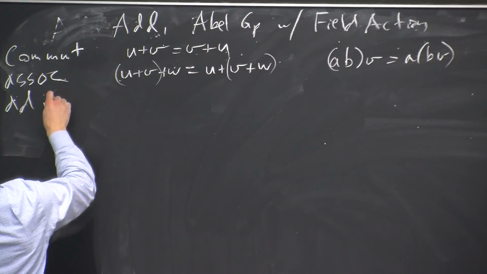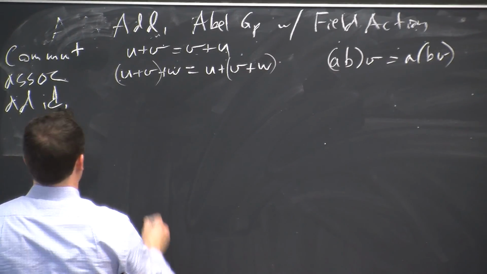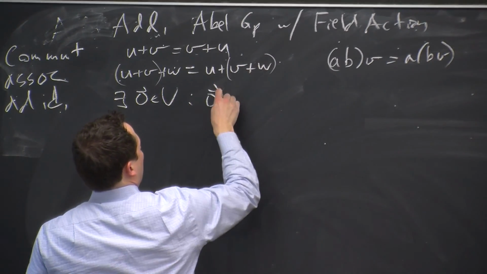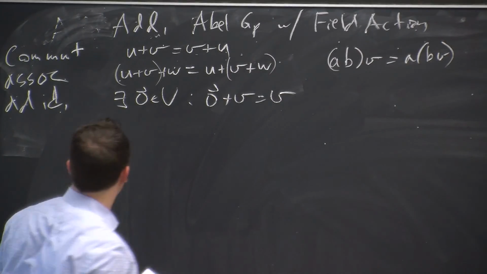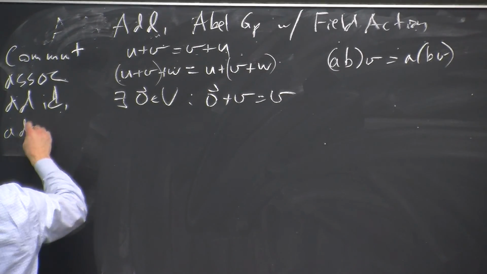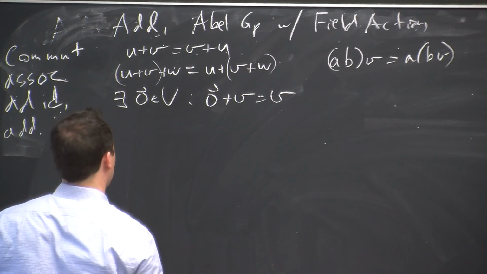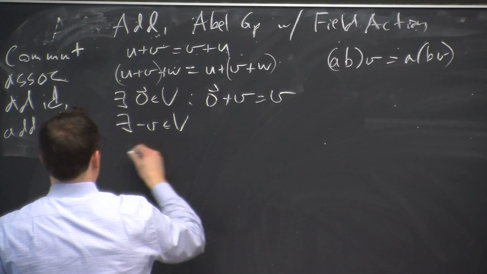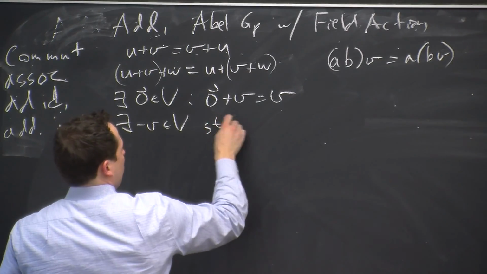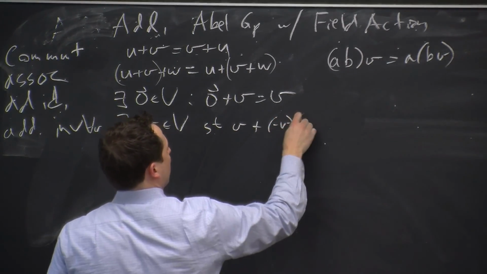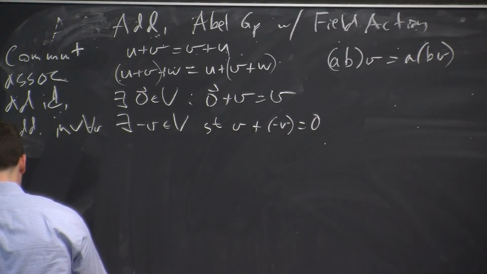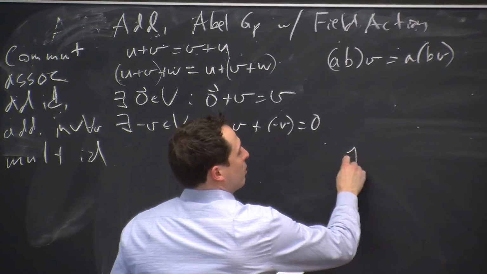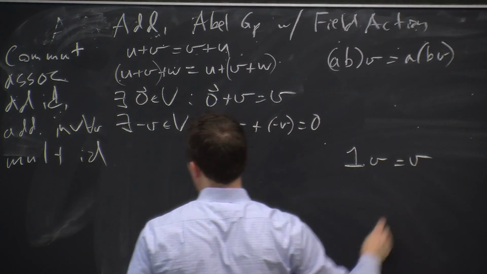There's an additive identity, which is that there exists a 0 in V such that 0 plus v equals v for all v. There's an additive inverse property, which says for all v there exists some negative v in V such that v plus negative v equals 0. There's a multiplicative identity property, which has to do with the field action, that says 1 times v equals v.